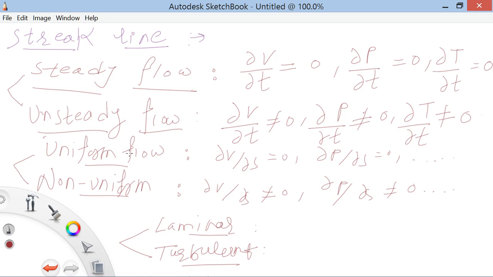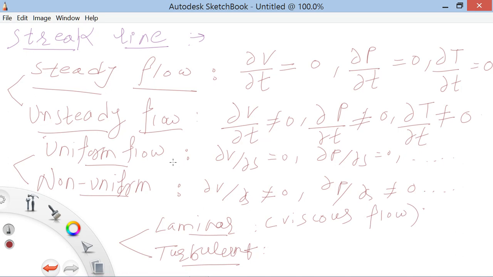So this is also called the viscous flow. In this type of flow, viscosity plays an important role, and the flow of a very viscous fluid is considered a laminar flow. So it is also called the viscous flow.